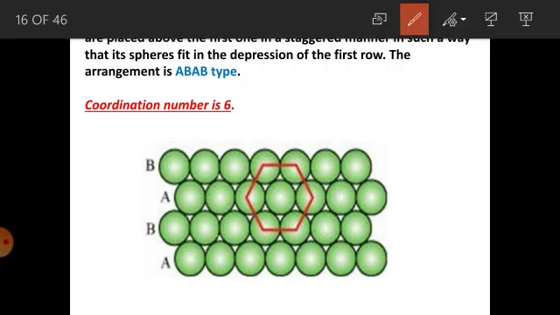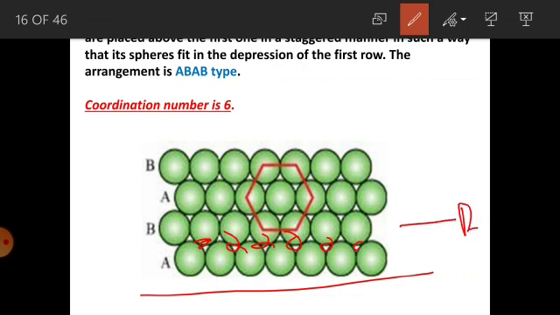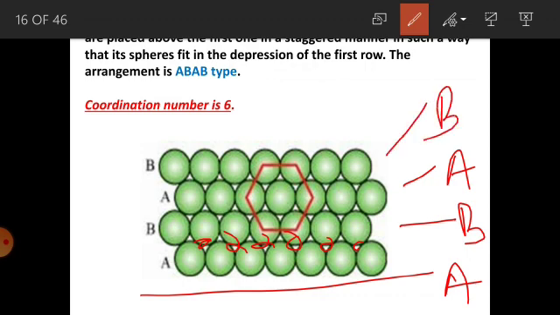So it's very simple. You have to arrange the first row, and in between the gaps, which is called staggered, you have to arrange the second. The second arrangement will be different, it is not the same as the first arrangement, that is A, therefore it is called B. Again the third one should be A, again the fourth one should be B. So it is ABAB type, and the second row is arranged in the depressions of the first row.